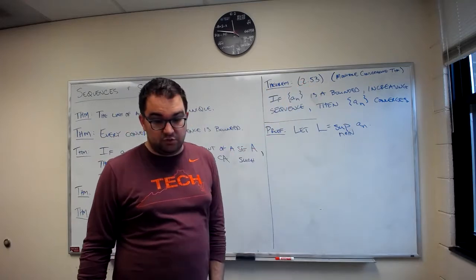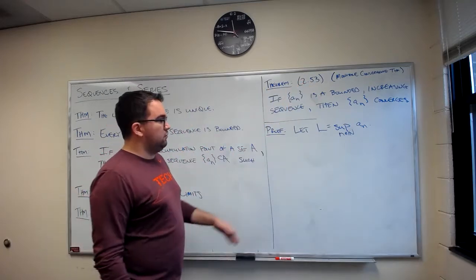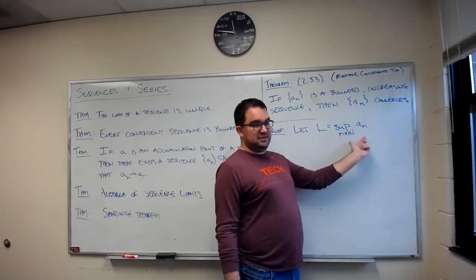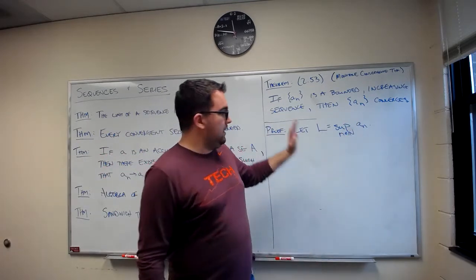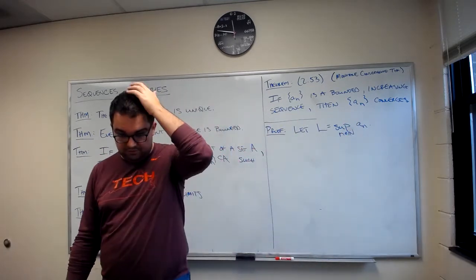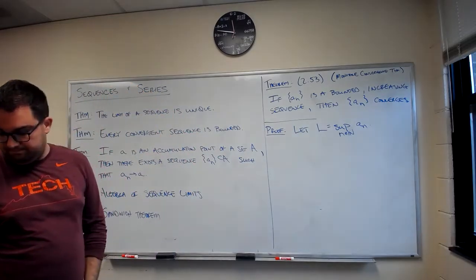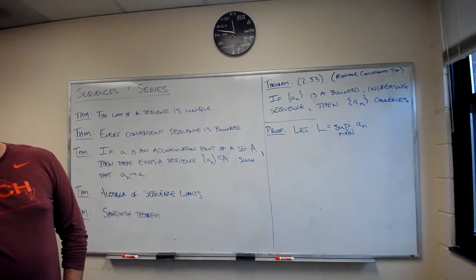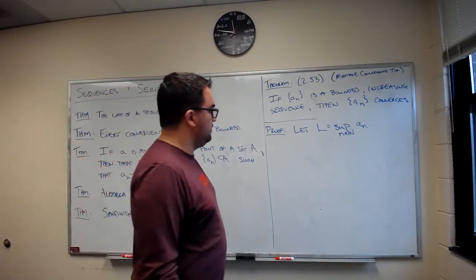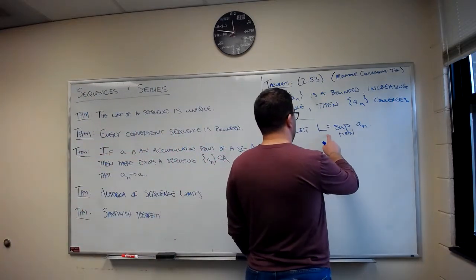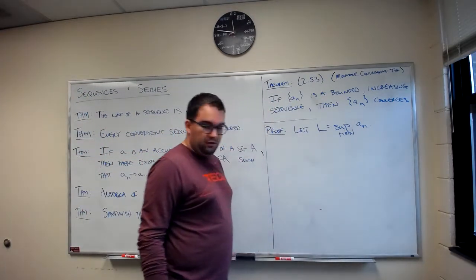So it has a supremum. Okay, so we're good. Whatever this thing is exists, it's some real number, and I'm just going to call it L. Already you can see where I need the boundedness piece here. So let this be L, okay?